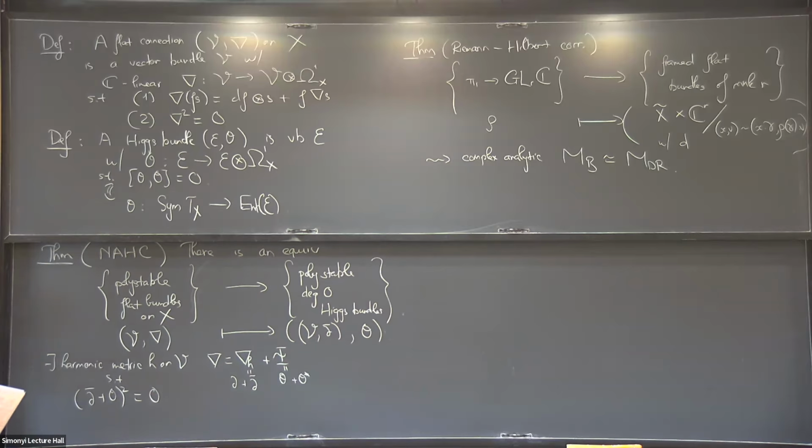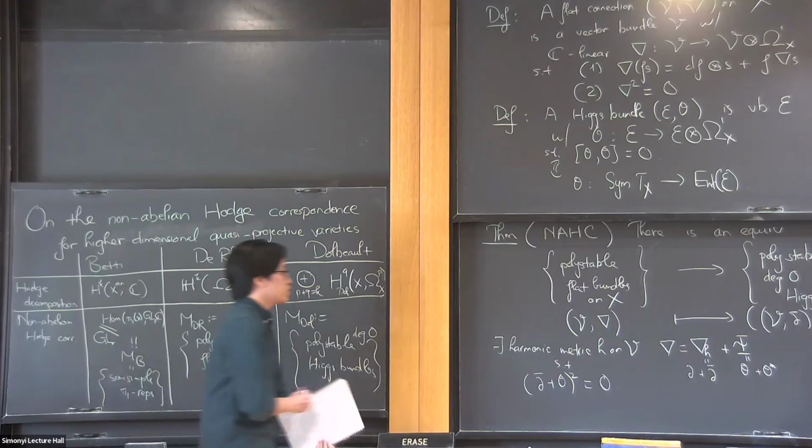And once again, we get a statement on the moduli space as well. This correspondence actually gives you a real analytic one. It gives you a homeomorphism between the Betti moduli space and the Dolbeault moduli space.